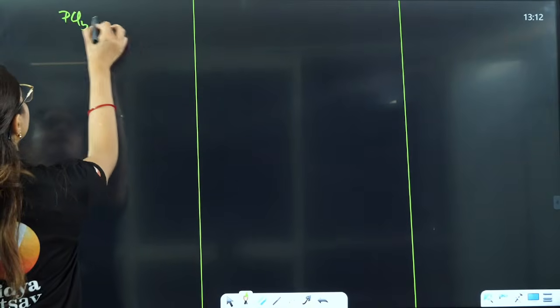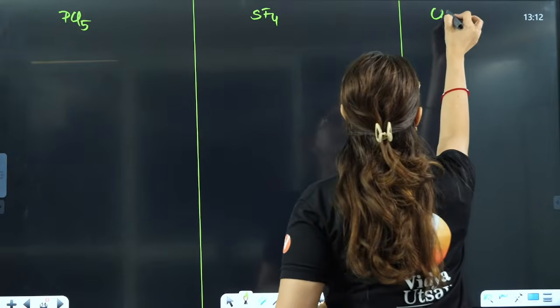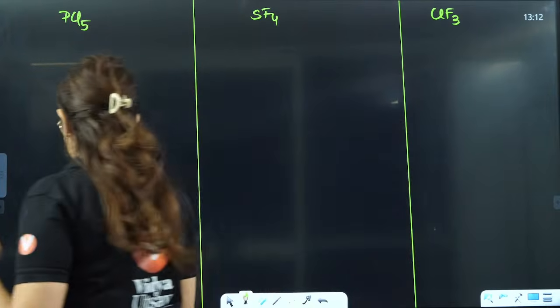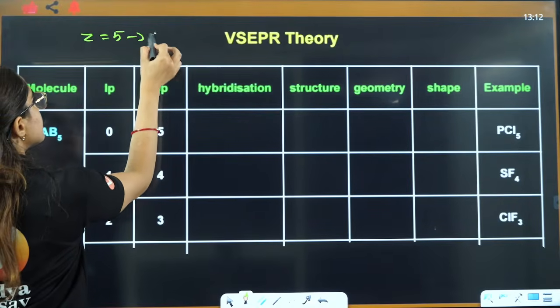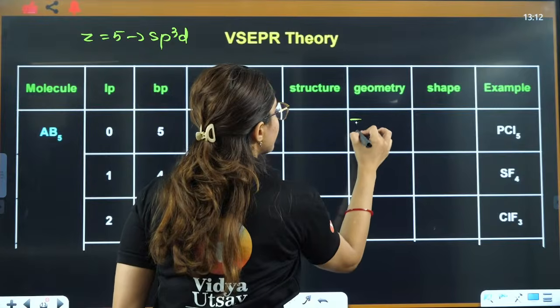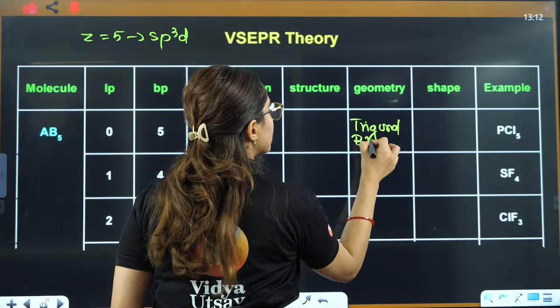PCl5, then you have SF4, then you have ClF3. But see one thing, whenever the steric number is 5, it is sp3d hybridization, and that means the geometry is always going to be trigonal bipyramidal.